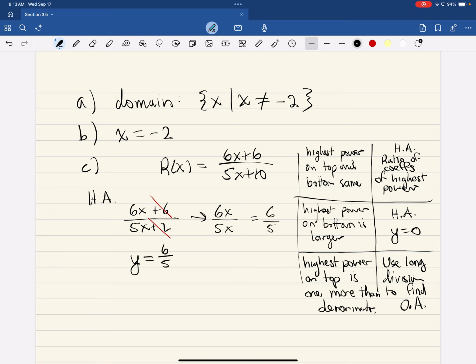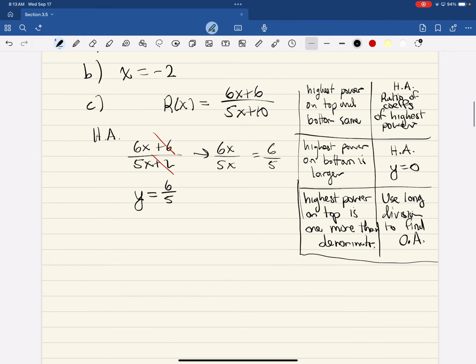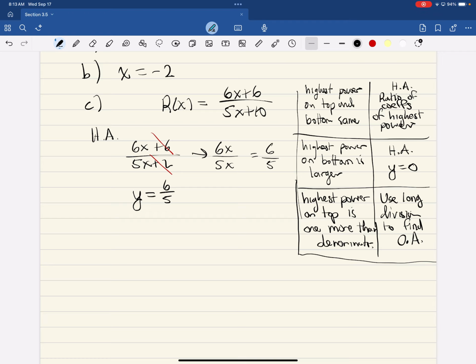Okay, so those are the three cases that are going to come up in this section. Theoretically, you could have a highest power more than one larger on the top, and in that case, you don't have a horizontal or oblique asymptote. So those are our three situations that are going to come up in the questions in this section with the horizontal asymptote.